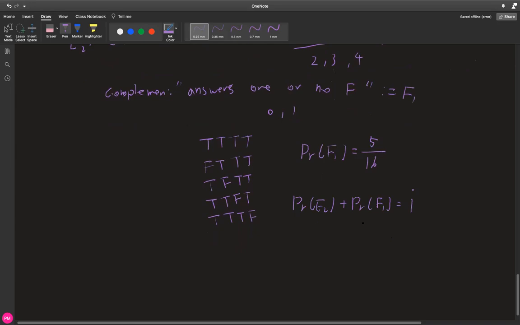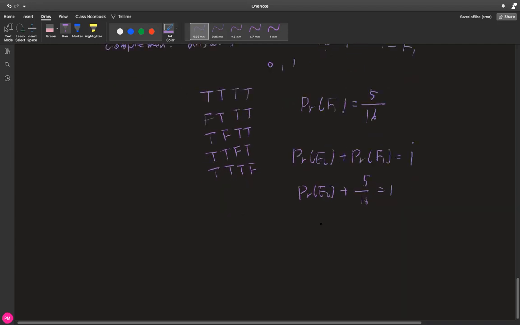Since F1 is 5/16, we can simply subtract 5/16 on both sides and conclude that the probability of E2 is 11/16. And as we can see, there would have been 11 different outcomes. Sure, 11 is not a huge number, but it is bigger than 5, so I thought it would be easier to do this, but there's nothing wrong with counting 11 different outcomes.